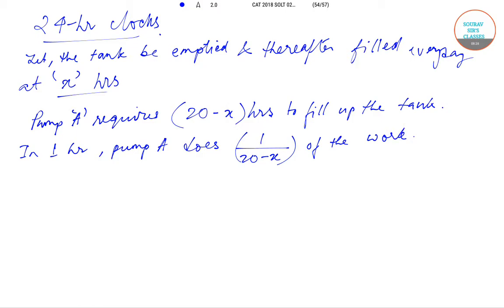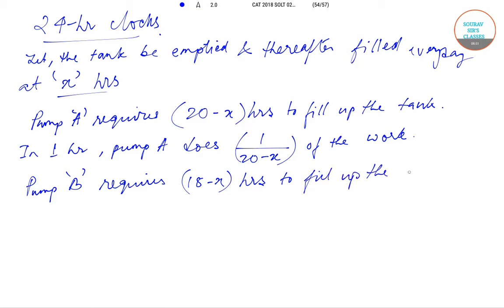Now we go on to Tuesday's case. On Tuesday, pump B was used and it worked up till 6 p.m. So in that case we can say that pump B requires, up till 6 p.m., so 12 plus 6, 18 minus X hours to fill up the tank.